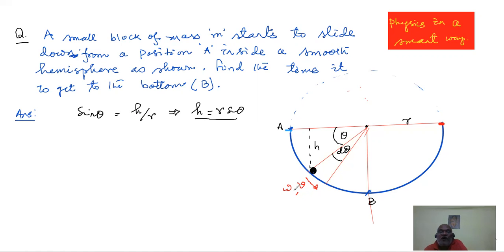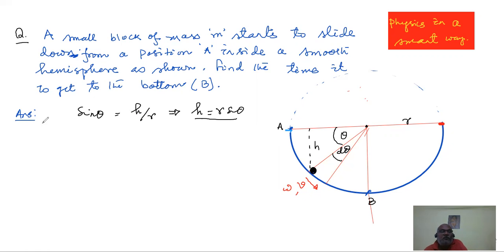We are going to utilize both ways. Because the body has gone from A to this position, in terms of energy, it has already lost a height h. So it has lost potential energy, which is mgh, which consequently will come out as its kinetic energy.